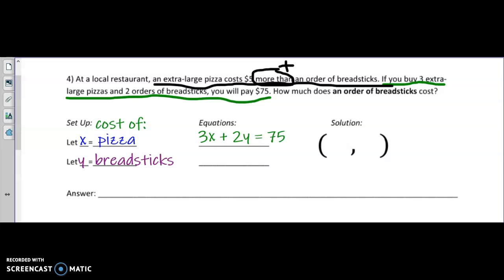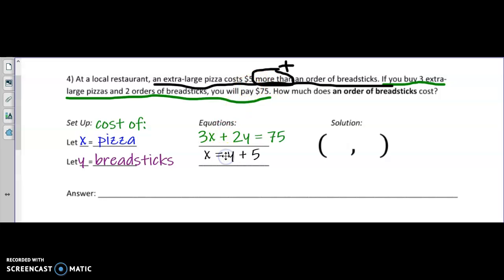Now, I always find it easiest to think when we're comparing the two things, which one is more? Well, extra large pizza costs more than an order of breadsticks, so pizza costs more. That's the variable that's going to be by itself on one side of the equal sign. On the other side, we are going to have that it costs $5 more than the breadsticks. So therefore, I'm going to take how much the breadsticks cost, y, and add 5 to it.